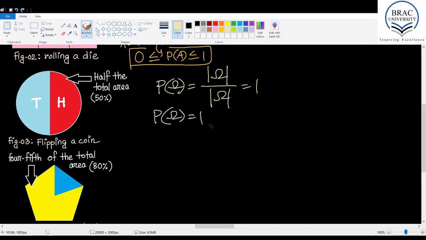If we want to see this from the perspective of the Venn diagram, then by P of omega, we actually ask what fraction of the area of the sample space is covered by the event of the sample space. So it's 100% because both of the sets are the same. That's why we can say that P of omega equals 1.